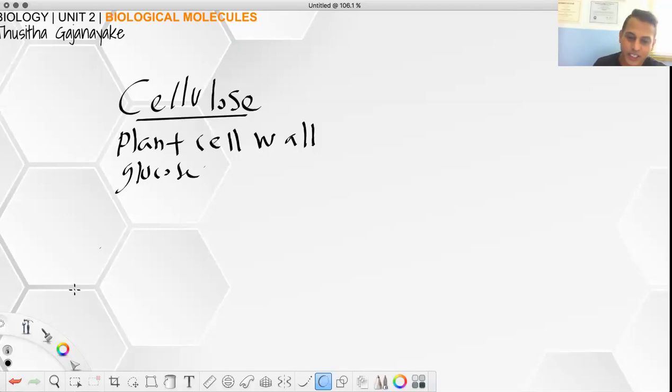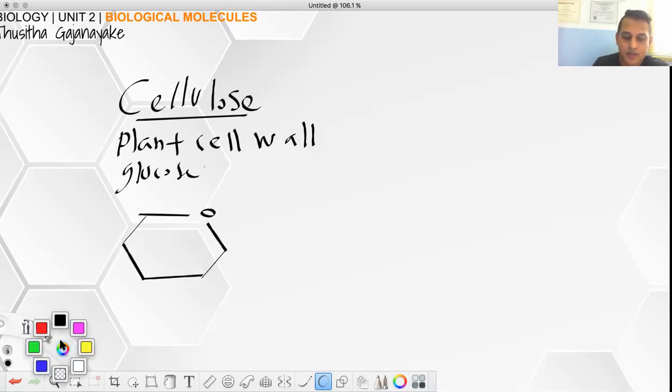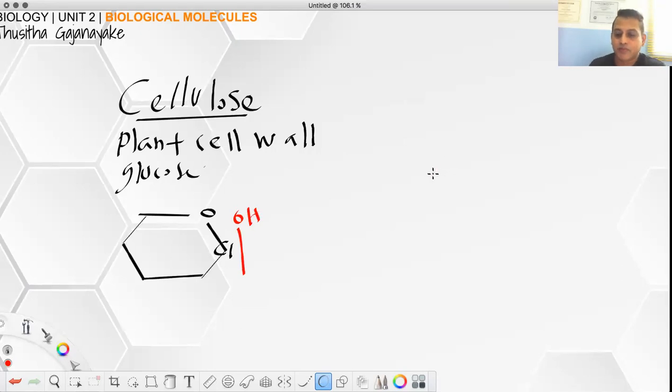If we look, the cellulose structure is different to amylose or amylopectin. It is glucose, but at glucose carbon number 1, you can see a slight difference. The OH is upward. We call it beta glucose because of this difference.